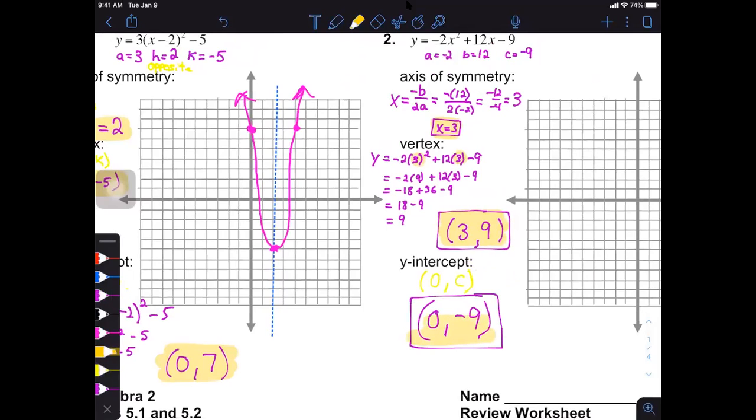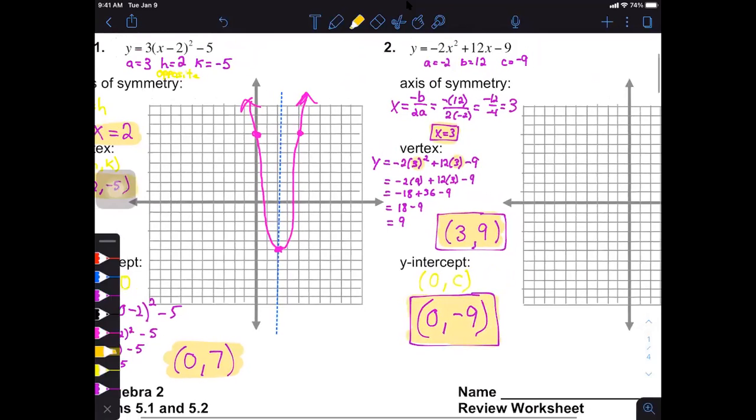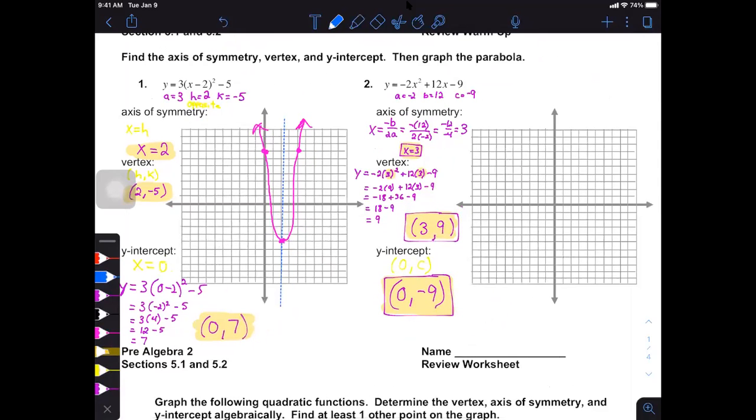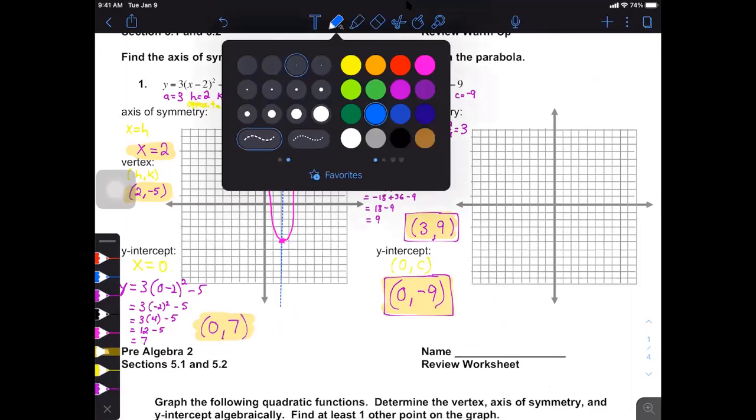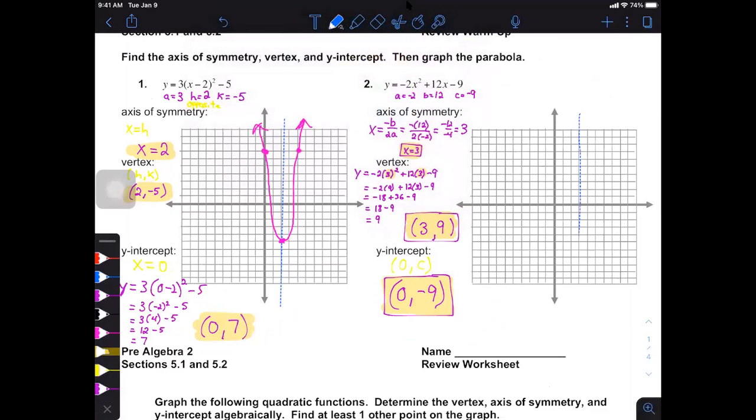So now we have our 3, and by now we all should be able to graph this. Put your dashed line on your axis of symmetry, which is 3. You graph your vertex, which is a max because it's opening down.